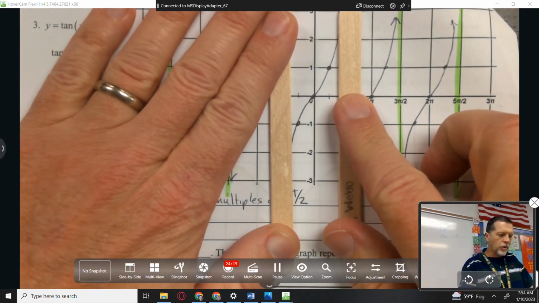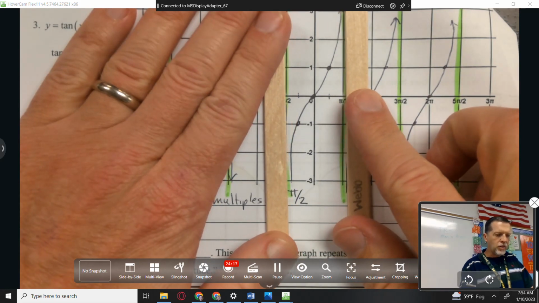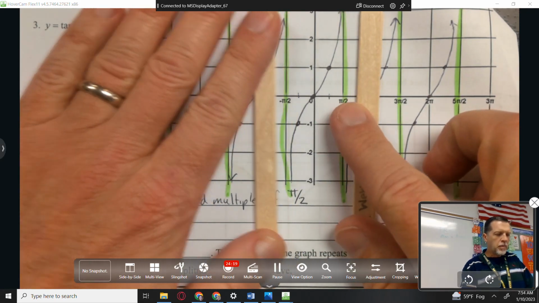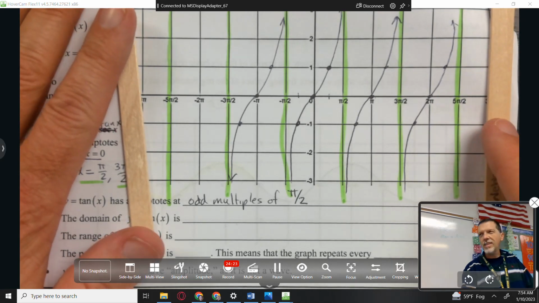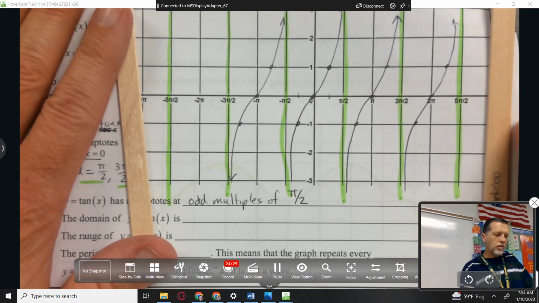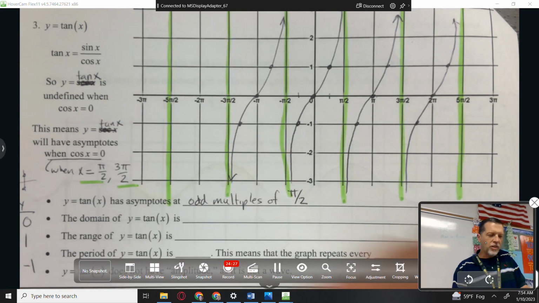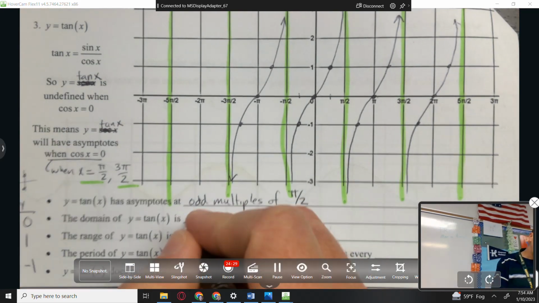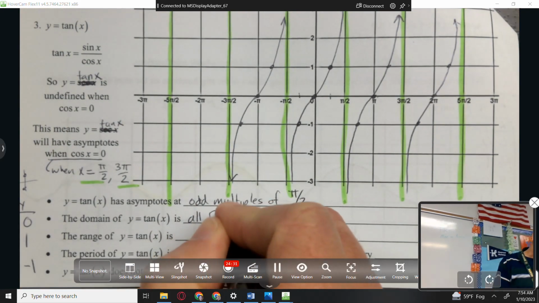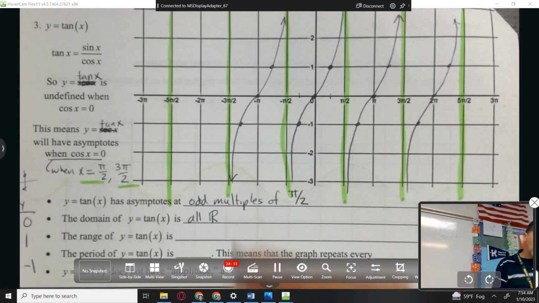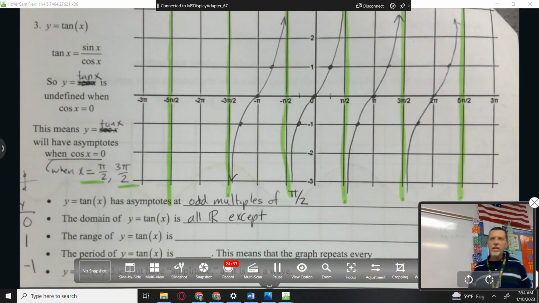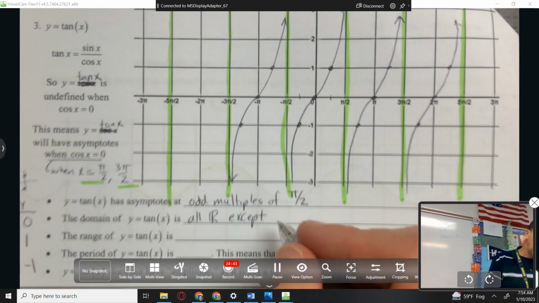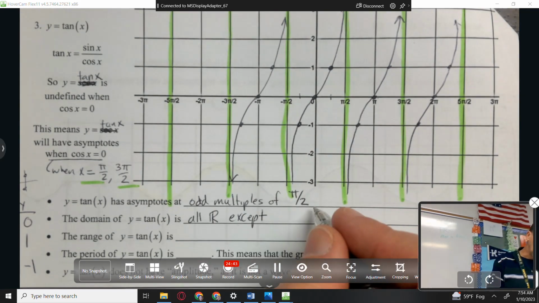Because it goes all the way to the asymptotes. But then I heard negative infinity to positive infinity. That's sort of right, too, but there are x values in there that we aren't allowed to use. So we have to keep kind of a weird statement here. All real numbers except the asymptotes. And the asymptotes are the odd multiples of pi over 2.